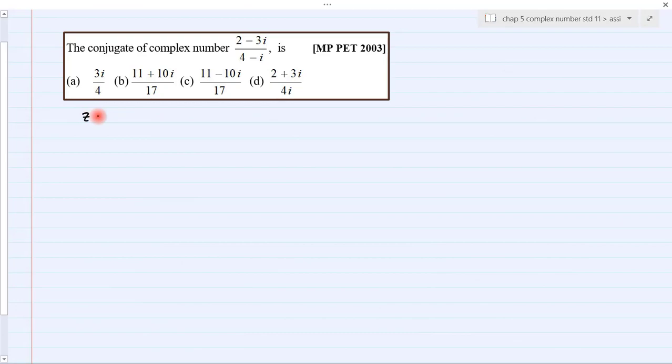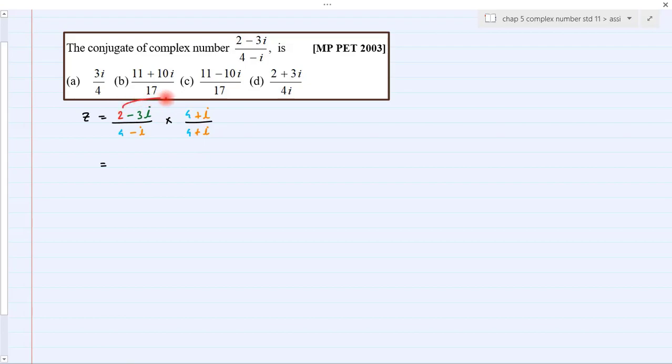In this question, we have to find the conjugate of (2 minus 3i) upon (4 minus i). So, to get the conjugate, let's simplify our complex number by multiplying and dividing by the conjugate of the denominator, which is 4 plus i.